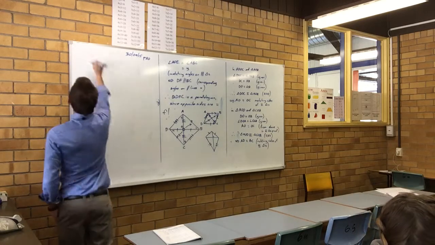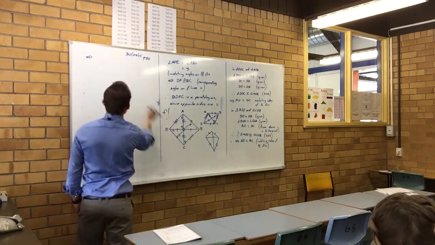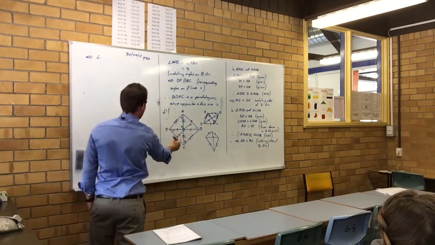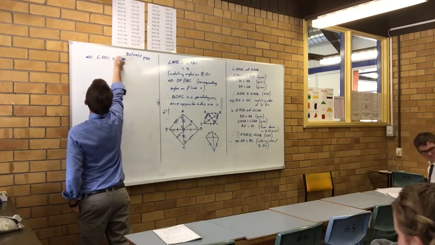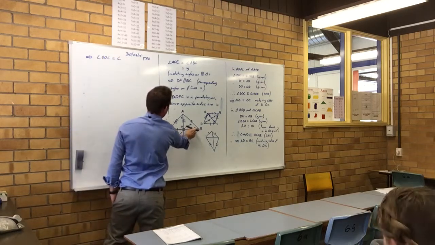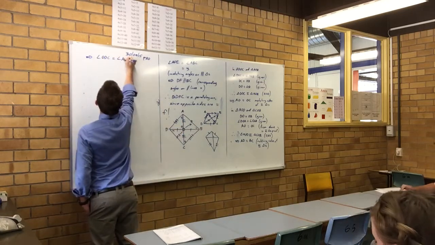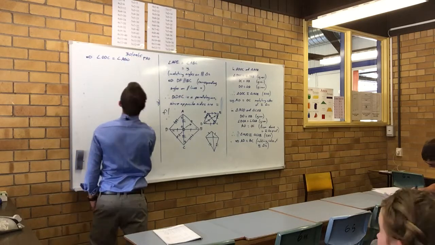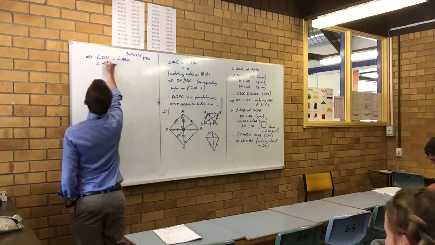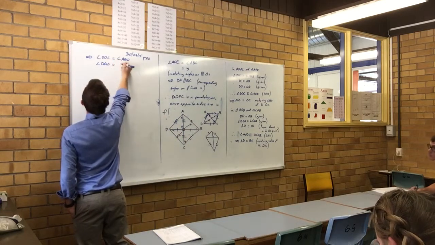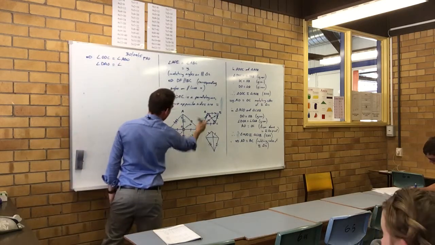Alright, so which implies angle ODC equals angle ABO, and angle DAO is equal to angle OCB.